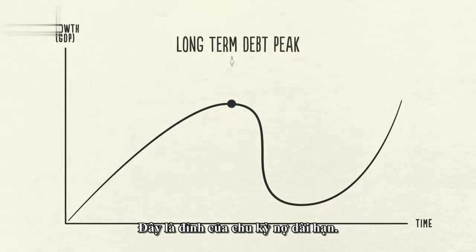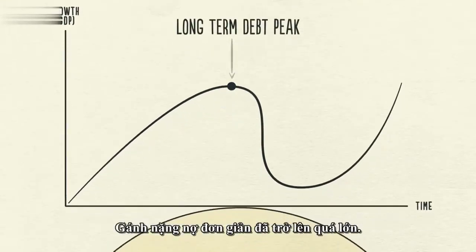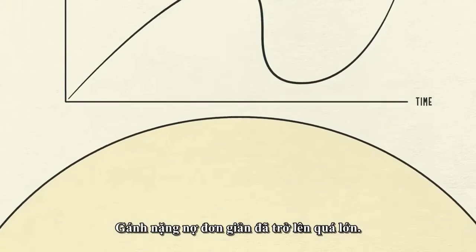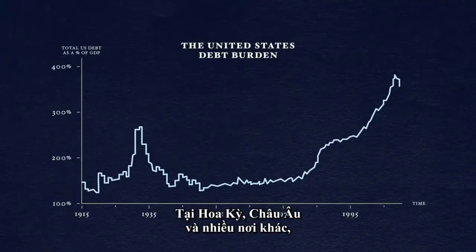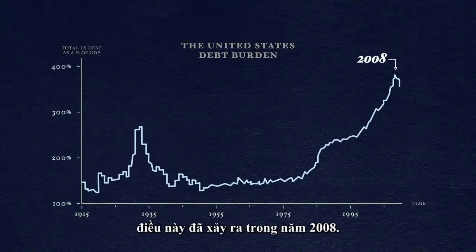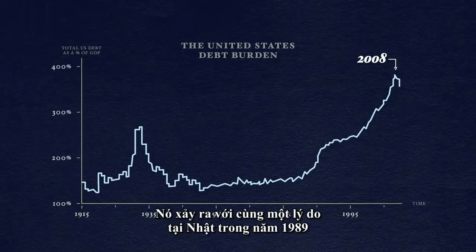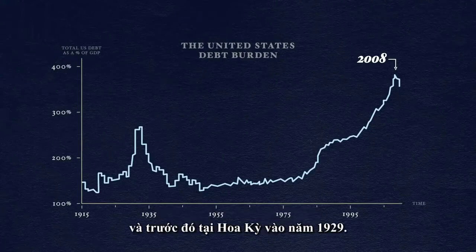This is the long-term debt peak. Debt burdens have simply become too big. For the United States, Europe, and much of the rest of the world, this happened in 2008. It happened for the same reason it happened in Japan in 1989 and in the United States back in 1929.